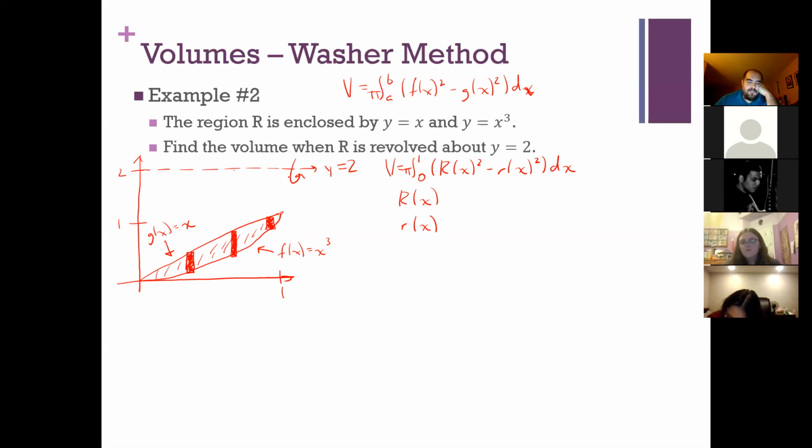So for any x value, how could I get that upper radius, that capital R? Maybe let's look at a specific example. Let's say x equals 0.3. How would I find the outer radius when x is equal to 0.3? Walk me through how I would calculate that.